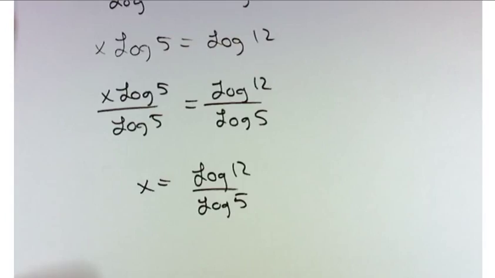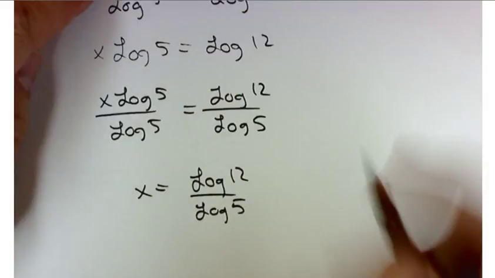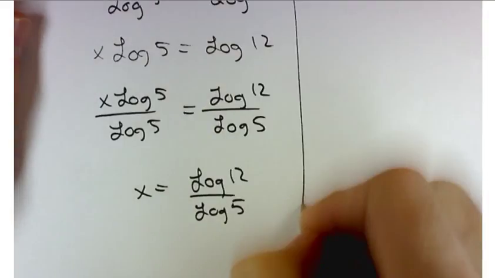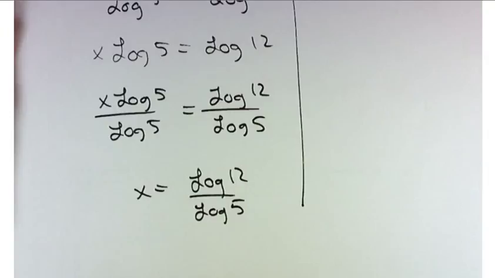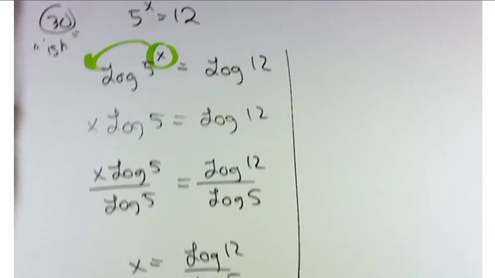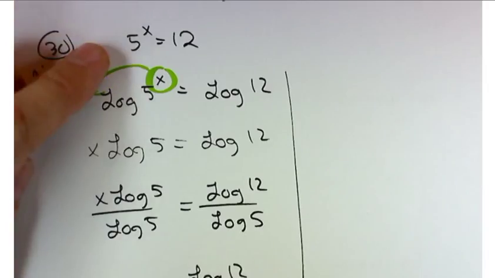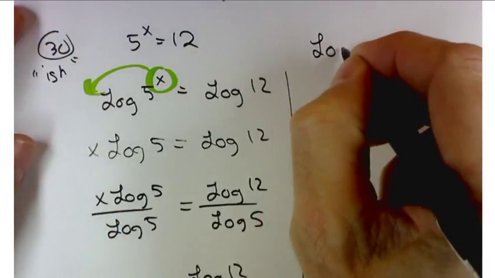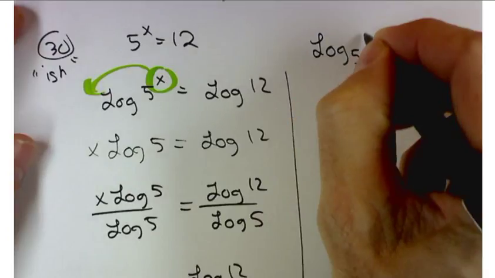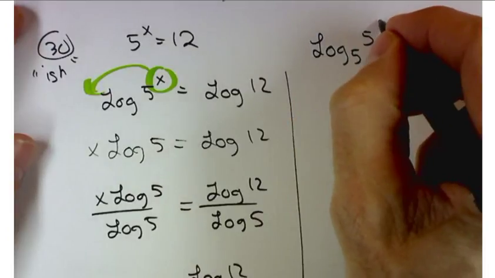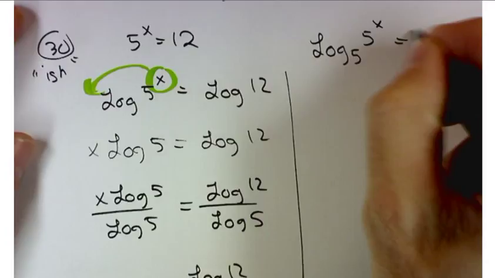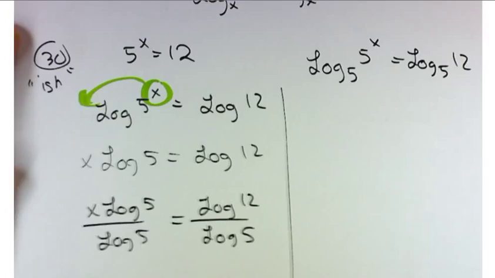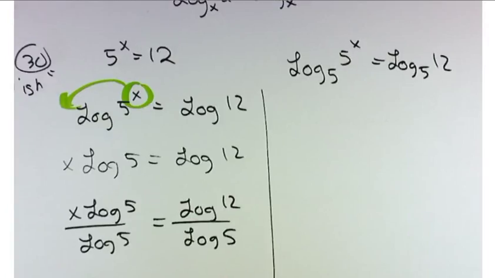Now, one of the properties of logs that we went through can actually help you out in a problem like this. Let me go back and do this a different way. What if instead of taking the log base 10, I took the log base 5 on both sides? What difference would that make?